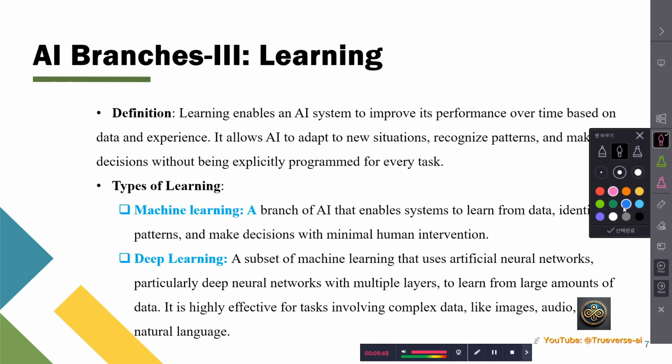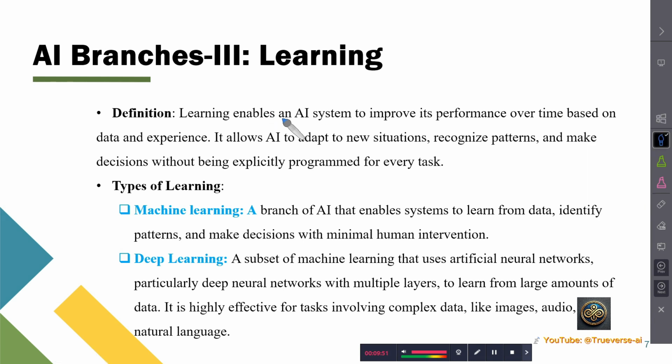Machine learning enables an AI system to adapt to new situations and new contexts, implicitly programmed, without being explicitly programmed.